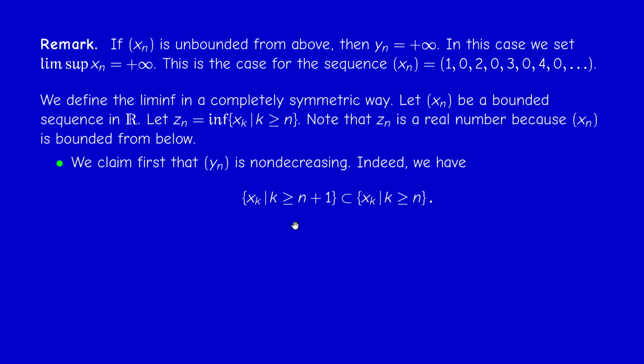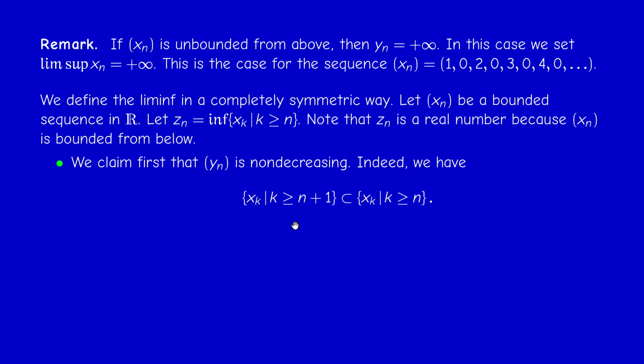And of course, since zn is increasing, it converges to its sup, as you know from a first course in calculus. So in short, liminf is the limit of the inf, which is also the sup of the inf, because the sequence now is increasing.